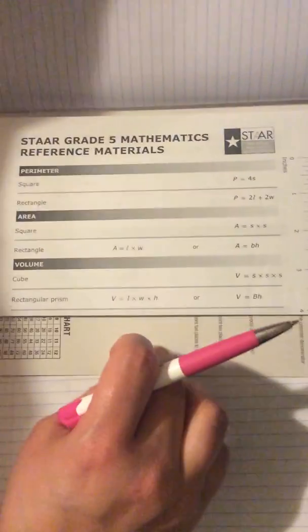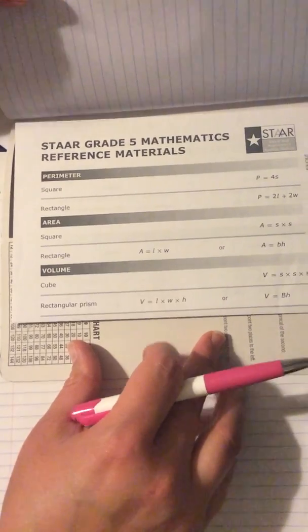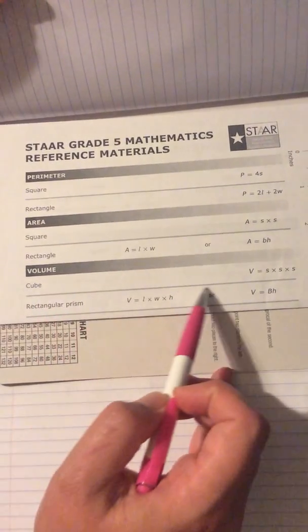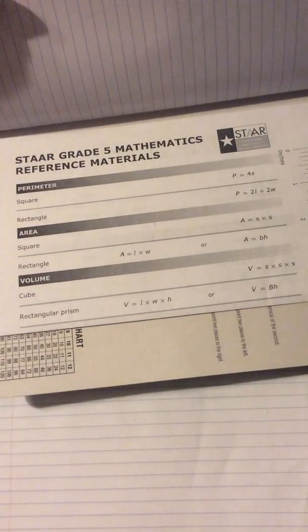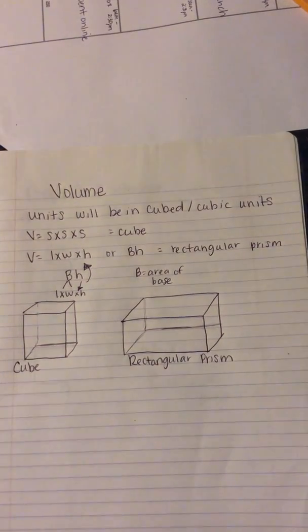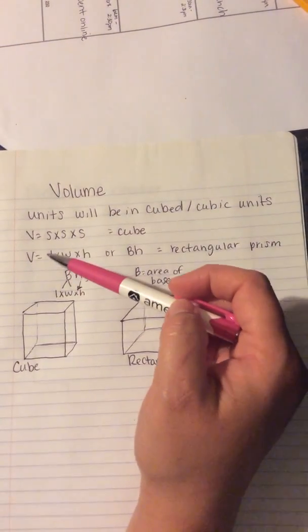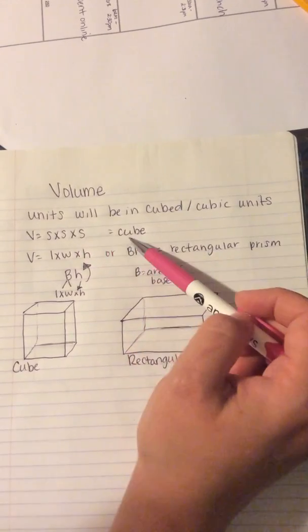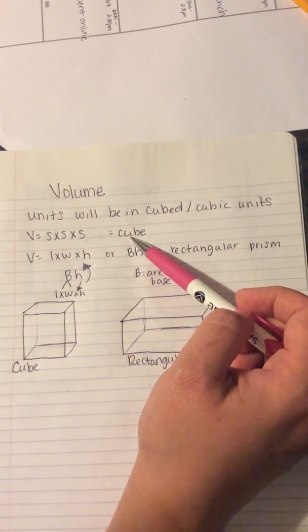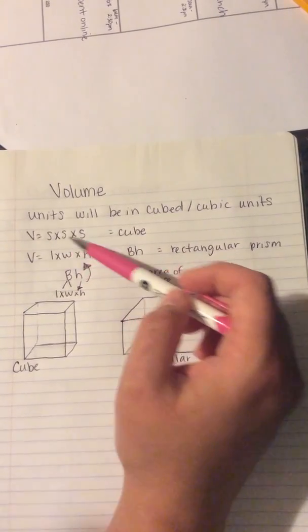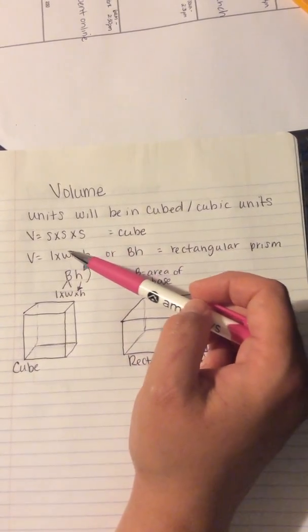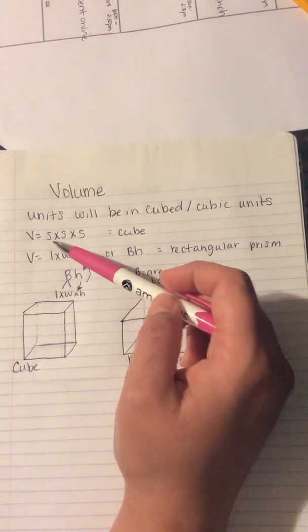To find volume, I have written down the formulas off of the reference sheet. Remember, the link to this reference chart is in the assignments part on the Google Doc. So I have S times S times S equals the volume of a cube. I'm going to show you an example in a minute, but side times side times side is completely different than side times 3.